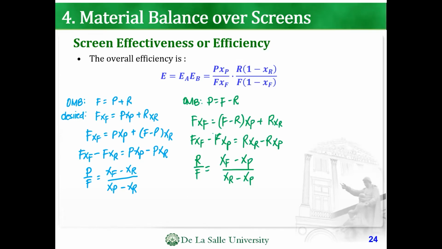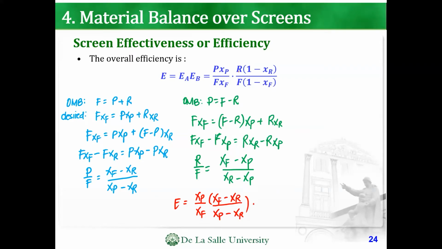Based on that, I can say the overall efficiency is actually P over F, that is XP over XF multiplied by P over F, which is XF minus XR all over XP minus XR.